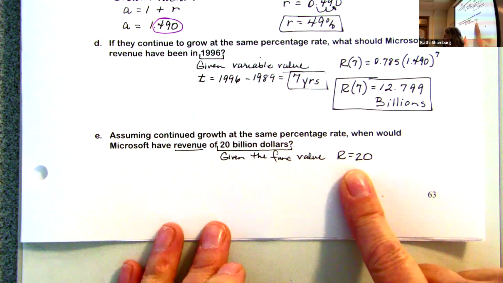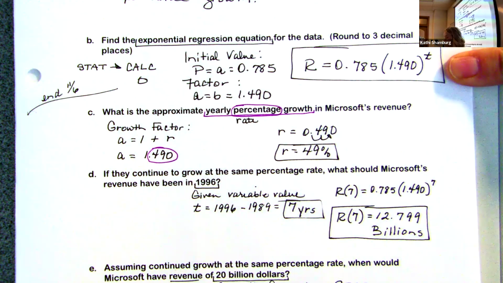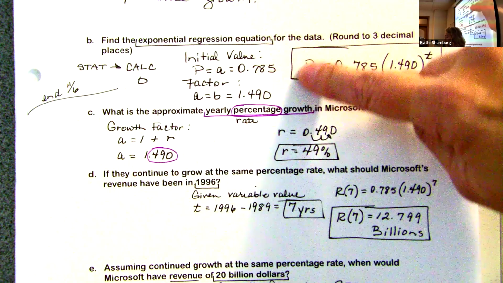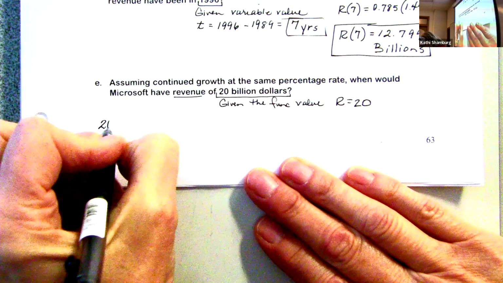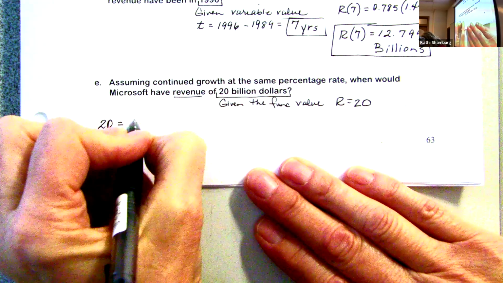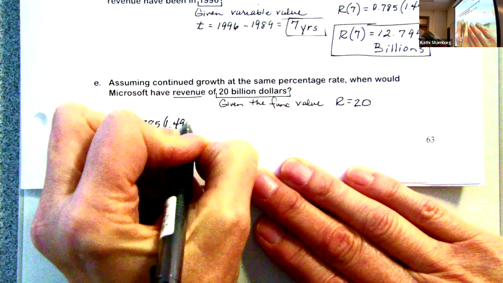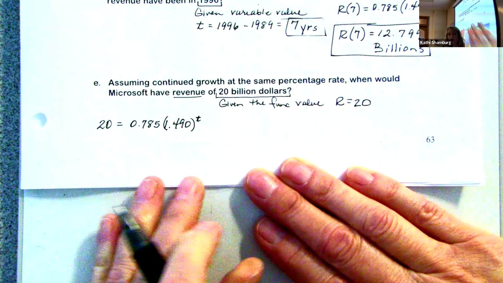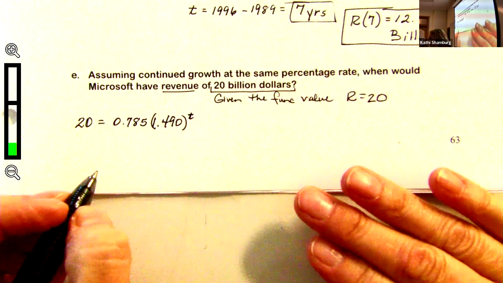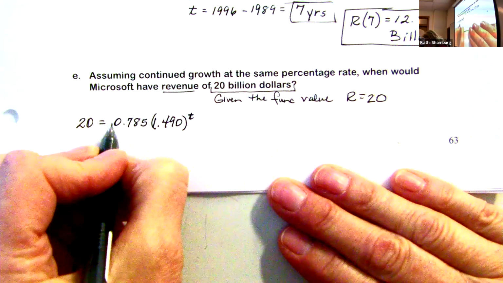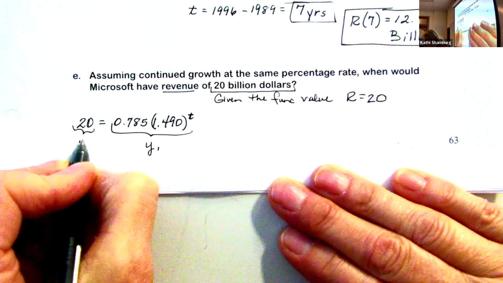All right, so if this is what's given, then when I substitute it into my equation, I'm going to put it in place of the R. So we would have 20 equals 0.785 times 1.490 raised to the T. Okay, so how do we approach this problem to find out what T is? Isn't that the Y1, Y2? Correct. This is going to be Y1, and this is going to be Y2.